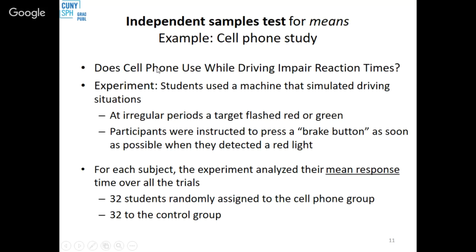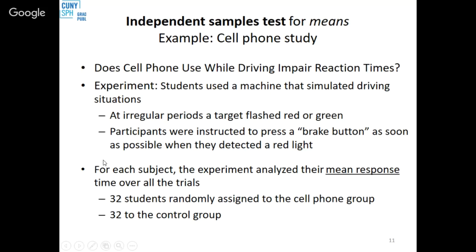So here's an example, the cell phone study, a hypothetical study where the question was, does cell phone use while driving impair reaction times? That is tested by an experiment where the volunteers use a machine that simulates driving situations, and at various periods in the simulation, they are flashed a red or a green light and told to press a brake button as soon as they detect a red light.